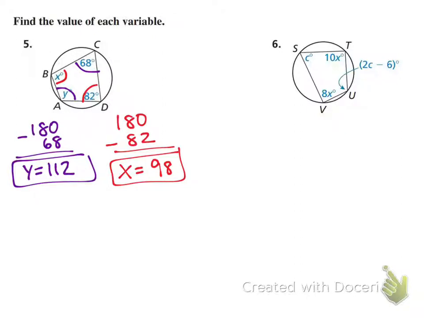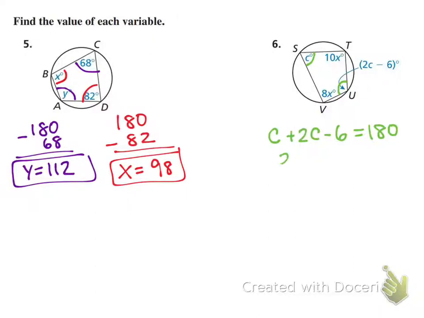Good, the last one. Do you want to find X or C first? C, sounds good. So C is across from 2C minus 6, and they are supplementary. So we're going to add them. So C plus 2C minus 6 will equal 180.